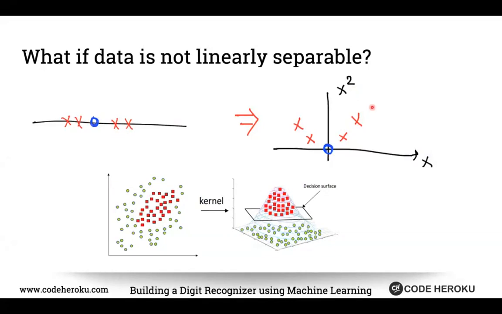But given the liberty of having as many dimensions as you want, you can always separate them. There is a theorem that we will study next week when we start with neural networks, that neural networks are universal approximators. The reason is, given an infinite feature space, you can always come up with a separator which will separate any of these classes.